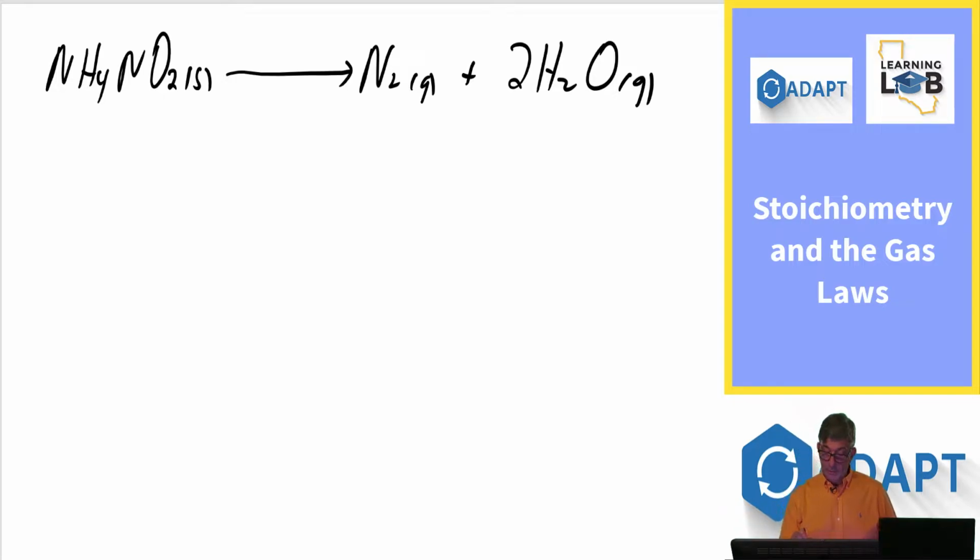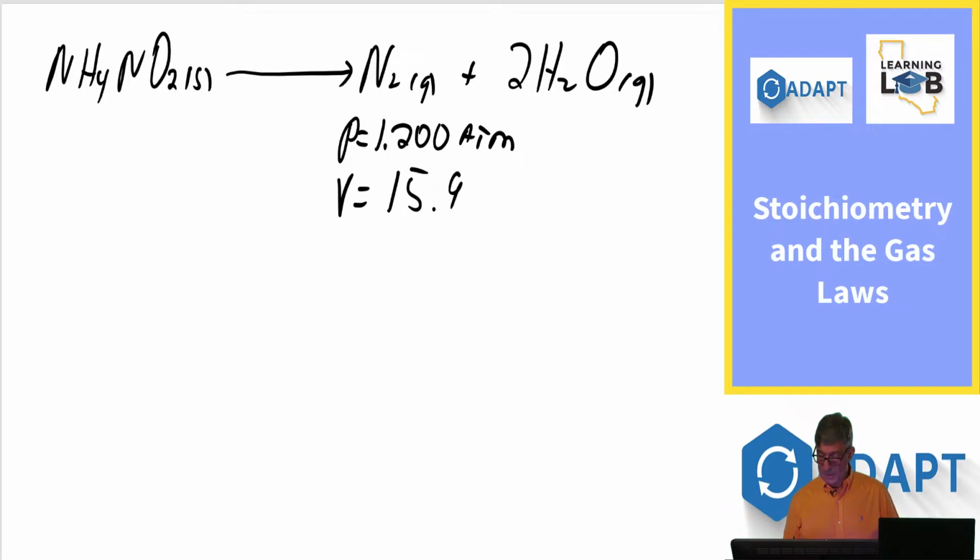I write down the information on reactants and products involved in the question. So we're going to collect the N2 at a pressure of 1.2 atmospheres, a volume of 15.92 liters, and a temperature of 25 degrees C.